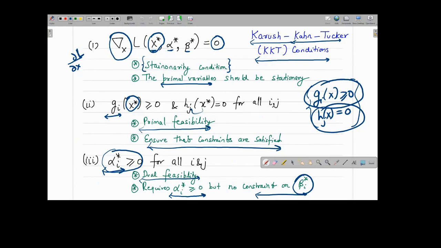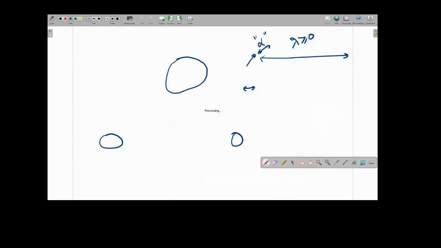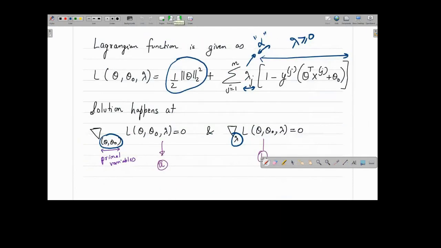So we are using the derivatives with respect to theta, theta_0 as well as lambda. We are trying to find the solution because if you want to minimize some objective function, that will be done by taking the derivative, right? If you want to calculate the minima, you will take the derivative of that function. So this is what we are trying to do here. This solution will happen when both of them are equal to 0, then you will say that this is the minimum point.